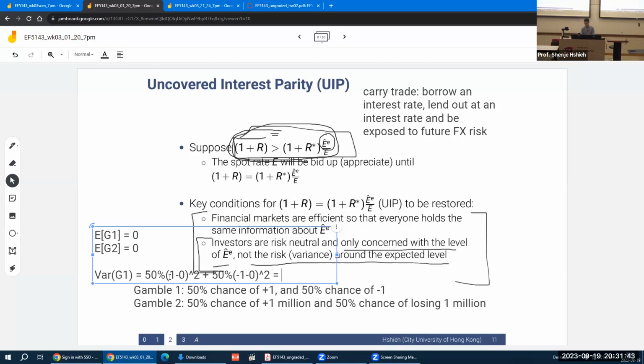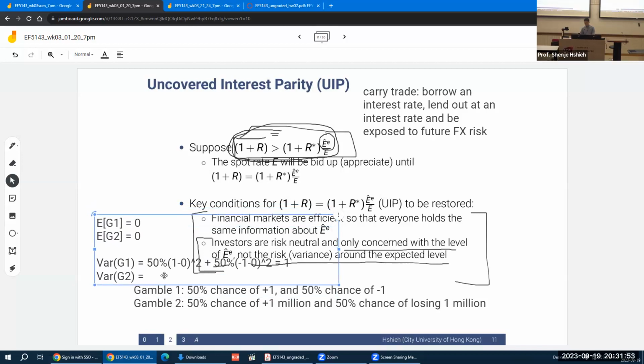So that should be just 1, right? What about the variance of gamble two? You don't have to do it. It's a gigantic number. I'll write it for you just to make sure you agree: 50% of 1 million minus 0 squared plus 50% of negative 1 million minus 0 squared.